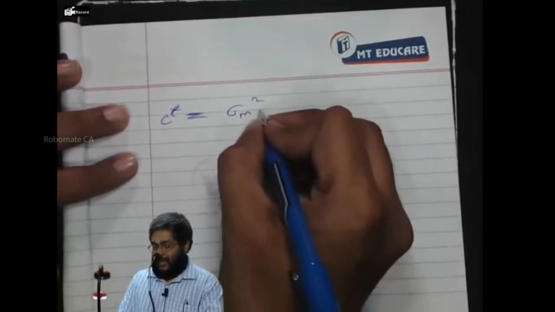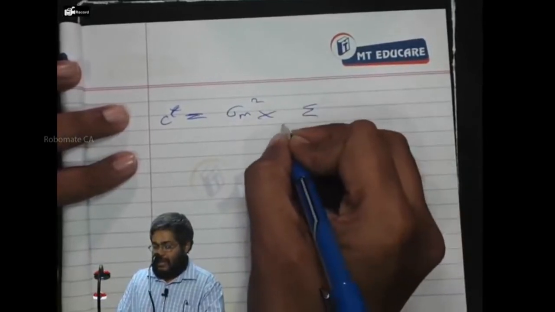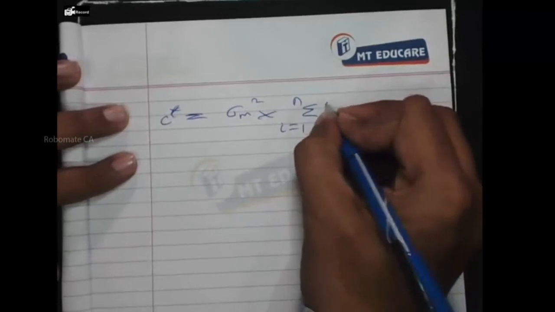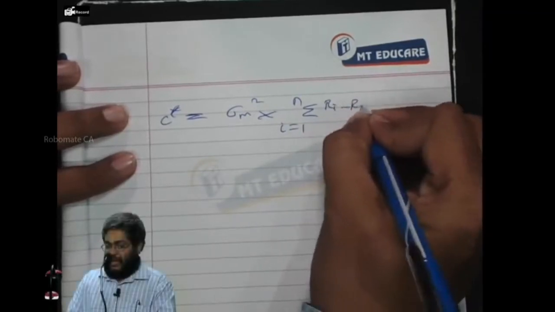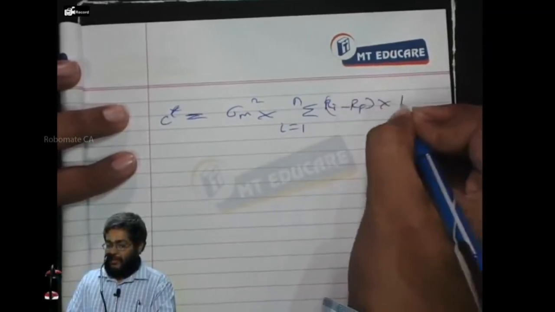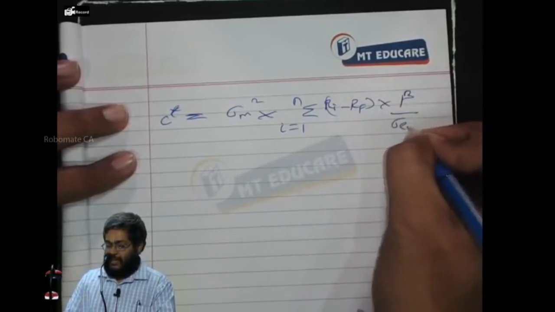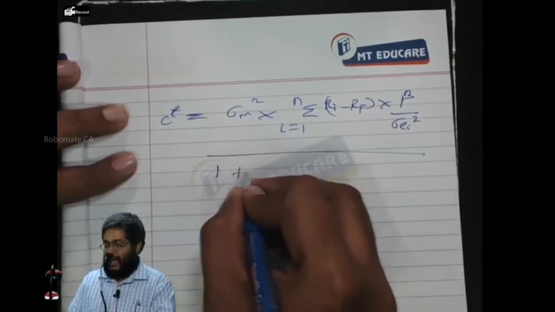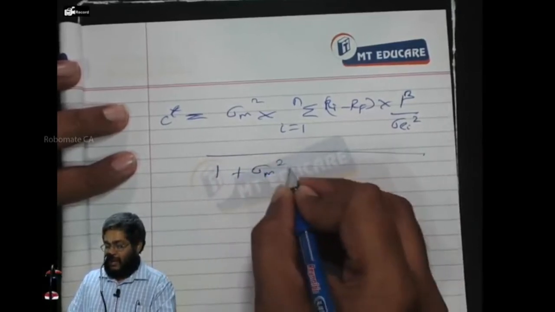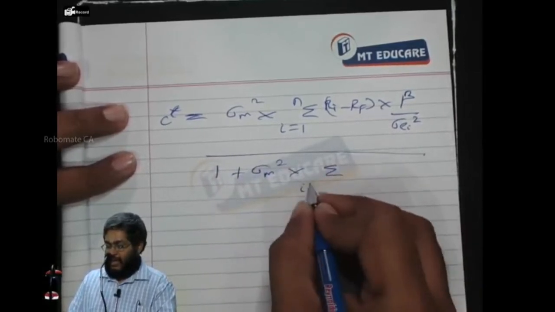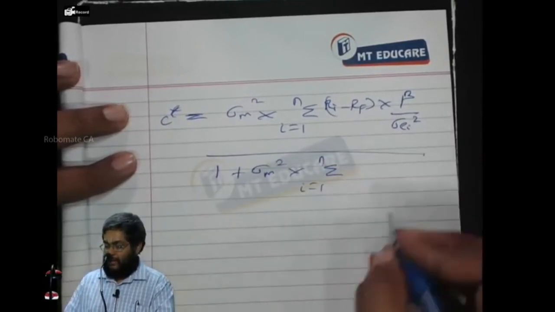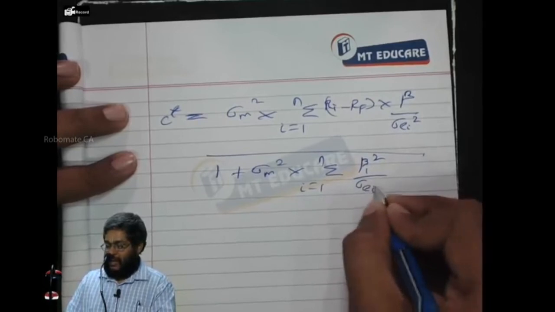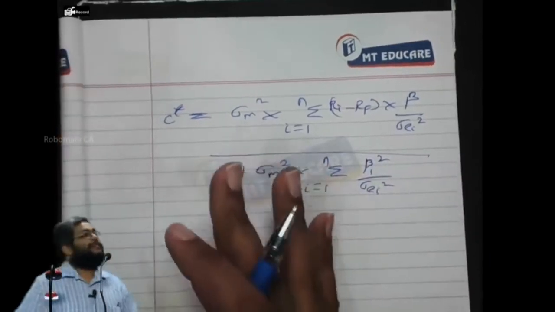Sigma m squared into sigma i equal to 1 to n into Ri minus Rf into beta divided by sigma ei squared, whole divided by 1 plus sigma m squared into sigma i equal to 1 to n, beta i squared divided by sigma ei squared. This is the formula.